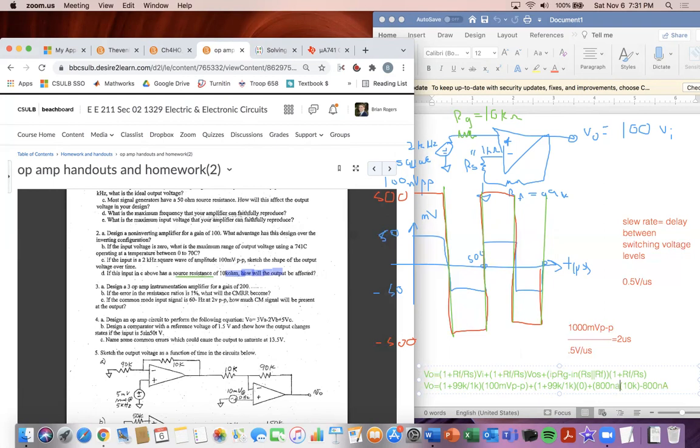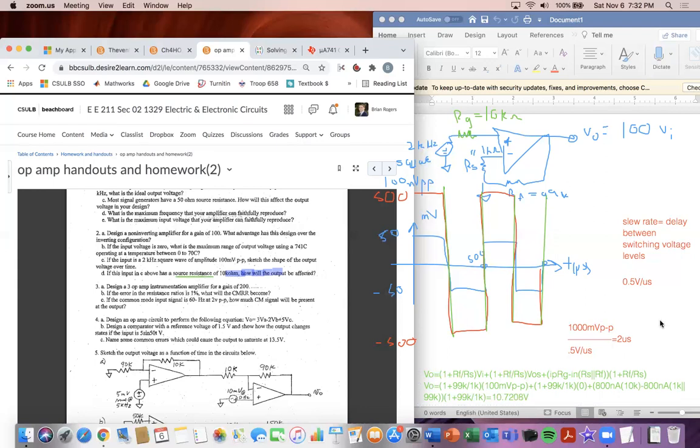And then the RS is 1K in parallel with 99K. And then that would be multiplied by the 1 plus 99K divided by 1K, the gain. And when you do that, you're going to get 10.7208 volts as your output voltage.